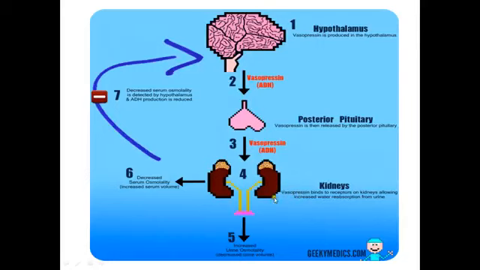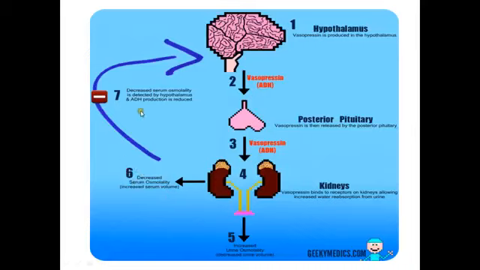These receptors, under the influence of this ADH or vasopressin, are responsible for reabsorption of water, resulting in increased urine osmolality and decreased urine volume. When urine osmolality is increased, that means the water is reabsorbed. What will happen? The serum osmolality will decrease because there's a lot of fluid in the serum as well.